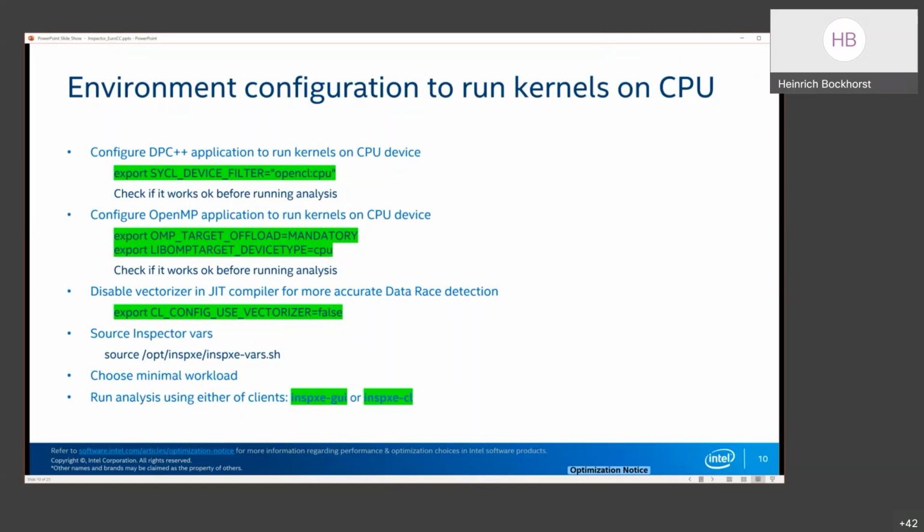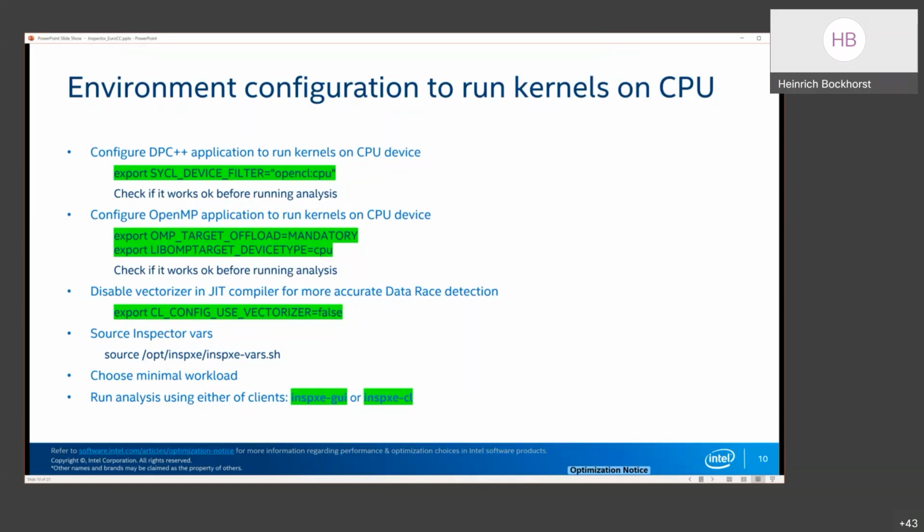Yeah, and for OpenMP offloading, you can force, on the one hand, to do OpenMP offloading, make it mandatory, but on the other side, you choose as the offload target the CPU.